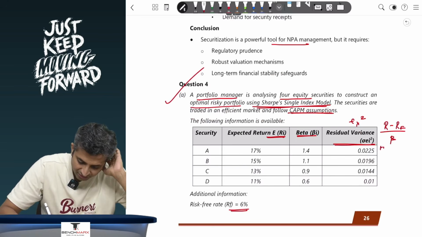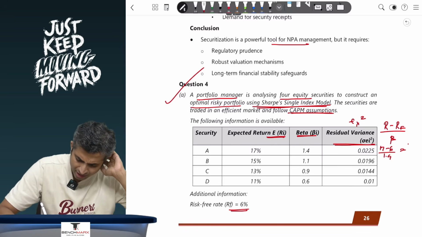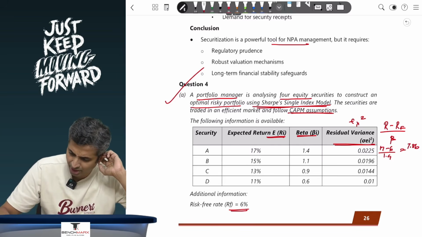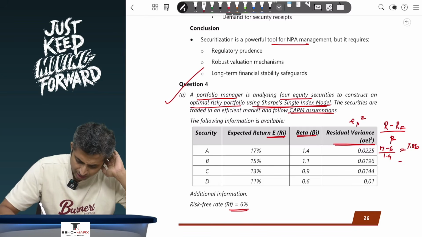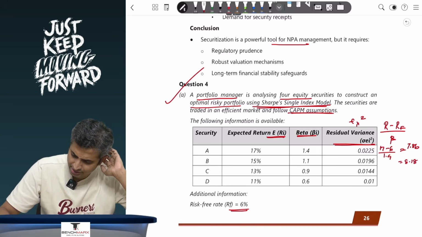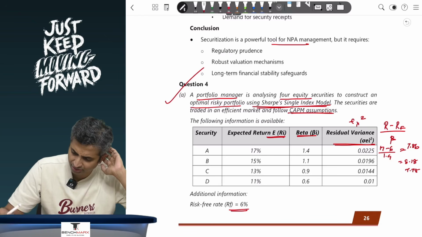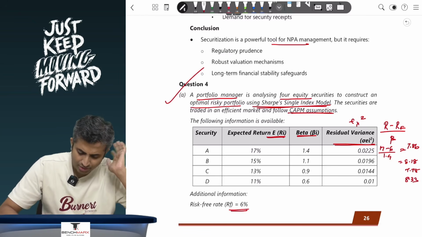So 17 minus 6 upon 1.4 comes to 7.86. 15 minus 6 divided by 1.1 is 8.18. 13 minus 6 divided by 0.9 is 7.78. And 11 minus 6 divided by 0.6 is 8.33.